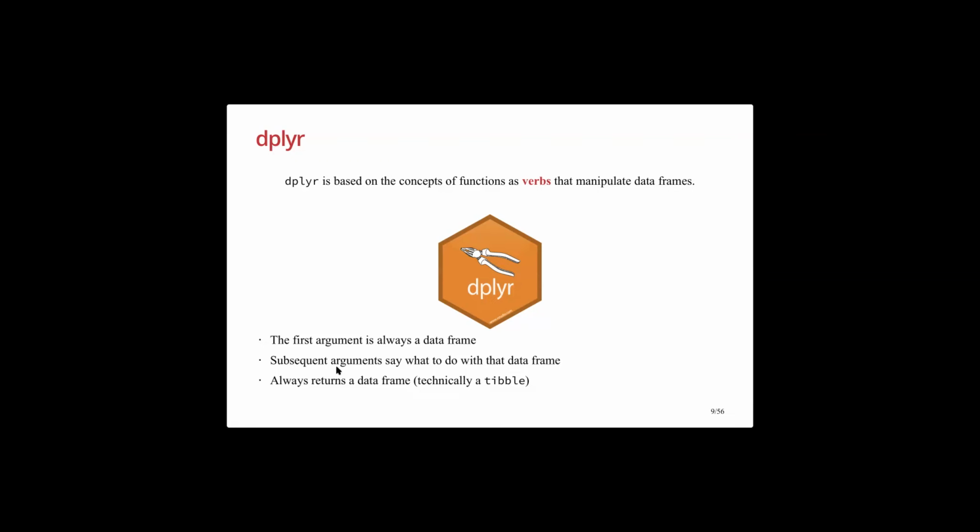So we've got our data, we've got some things that happen to that data, and then it spits out a data frame at the end. Data frame goes in, data frame comes out, and in between that sandwich are a bunch of verbs that help us manipulate that data in flexible and interesting ways. Technically, it's a tibble that comes out the other end. I've just flagged here it's its own little thing called a tibble, but you don't need to worry about it. It's just a data frame, really, and it just operates slightly differently.